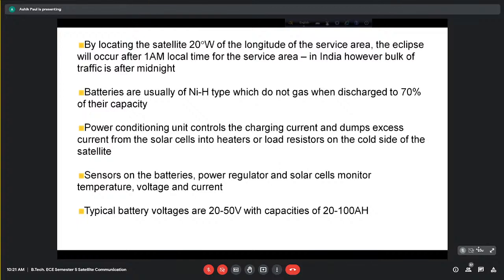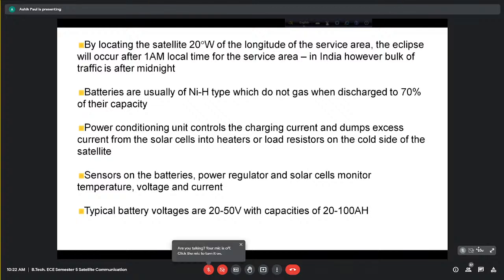There are problems with other kinds of batteries: when there is no power from the mains, the battery gradually gets discharged, and when it discharges to maybe 50 or 60%, it starts giving out some harmful gas. So that's a big advantage of nickel hydrogen batteries.